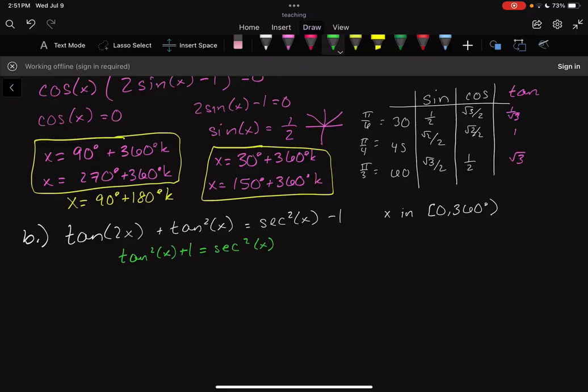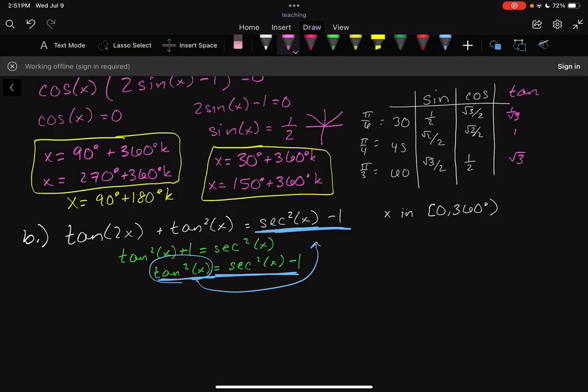So if I make this look kind of like what I'm seeing, I do notice that maybe I can get rid of this. If I move that one over, I can see that tangent squared x is equal to secant squared x minus 1. So what I can do is replace secant squared x minus 1 with tangent squared.